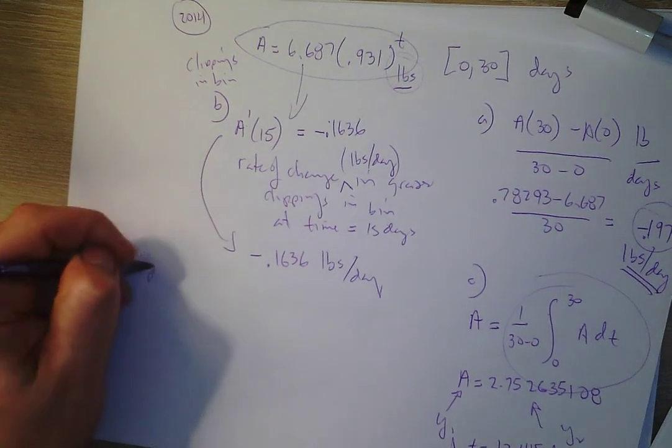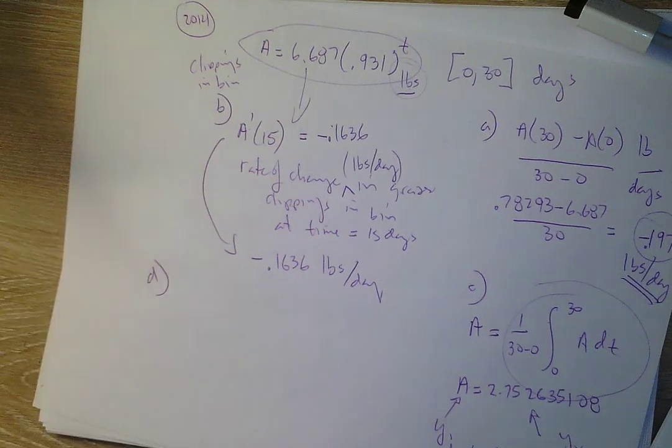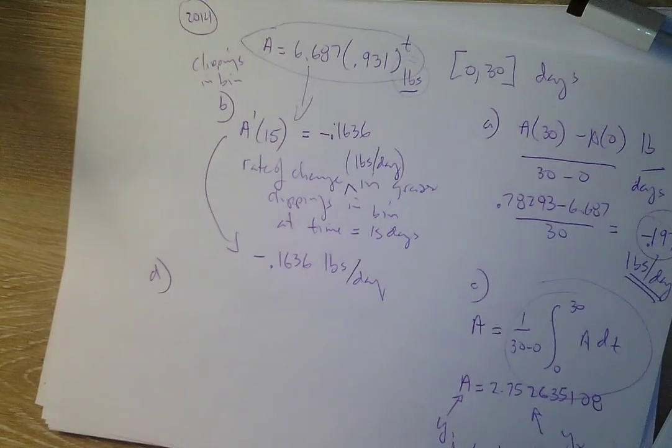Okay, and part D. Part D says, a linear approximation at t equals 30 is a better model for the amount of grass clippings remaining in the bin for time greater than 30. Use L of t to predict when there will be half a pound of grass clippings remaining in the bin.